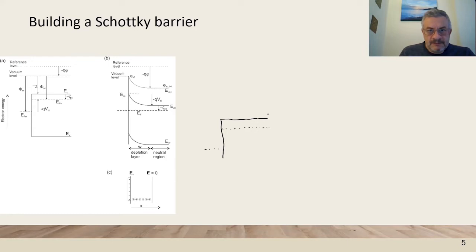Then we have to change the electrostatics at the surface so that this region will be shifted down, so that in the final situation we have the neutral region in the bulk, so that here the Fermi level is at a fixed distance of the conduction band.